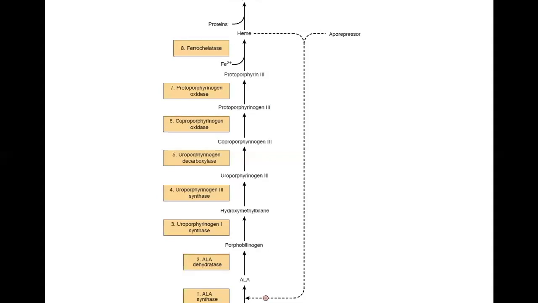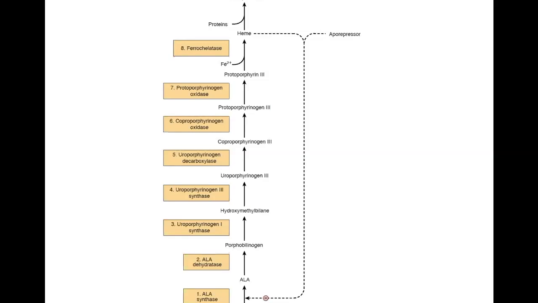Succinyl-CoA plus glycine will become your amino-levulinic acid, or your ALA. And the enzyme is ALA synthase. Now, I'm going to dissect this. Don't be scared. Everyone zoom in to the bottom.